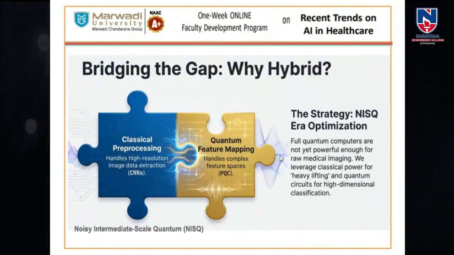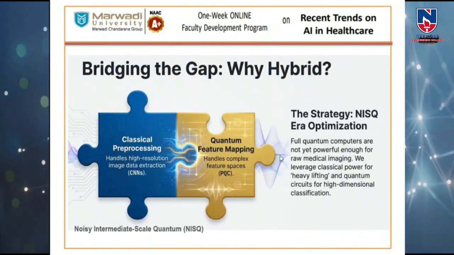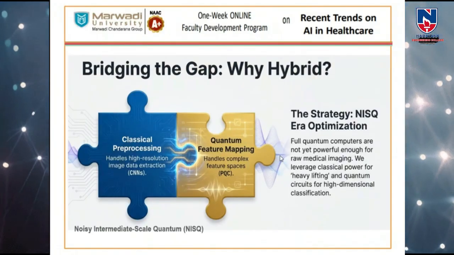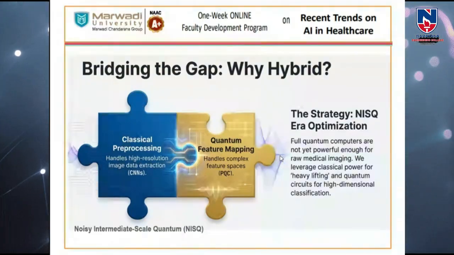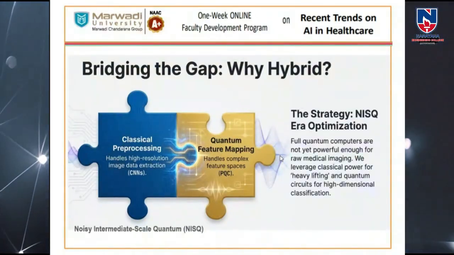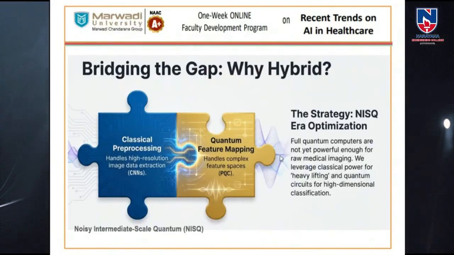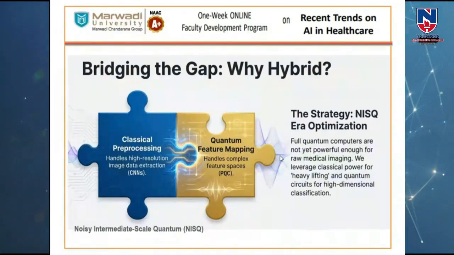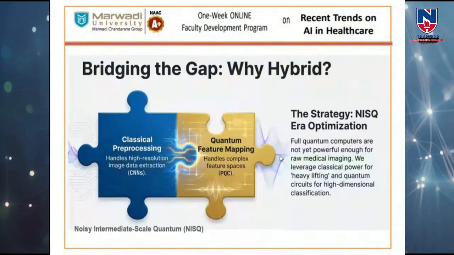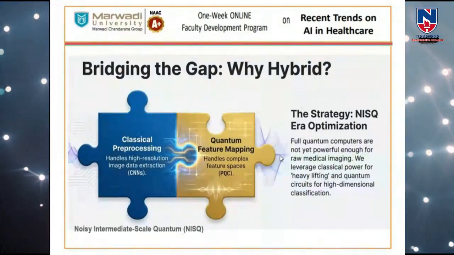It means combining classical ML and classical deep learning techniques with quantum computing in the NISQ era, where there are a lot of hardware limitations when implementing pure quantum computing.